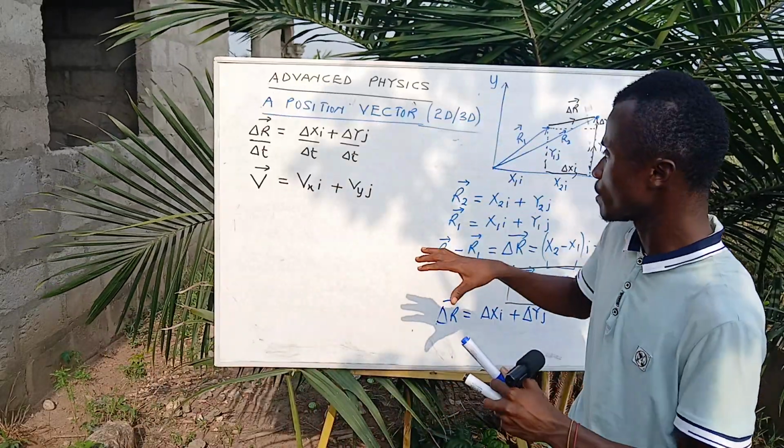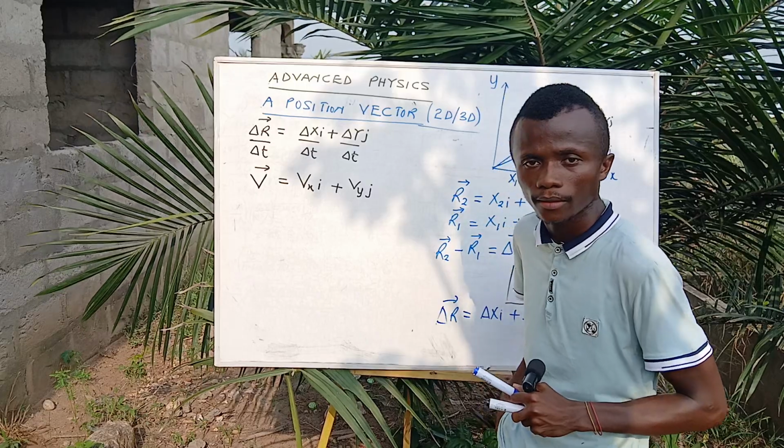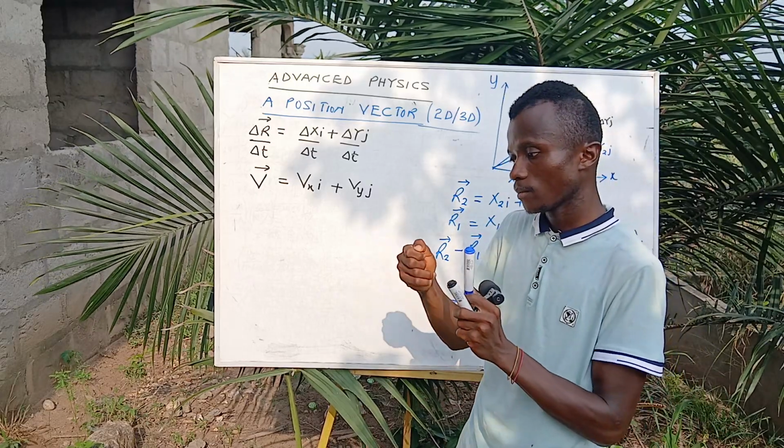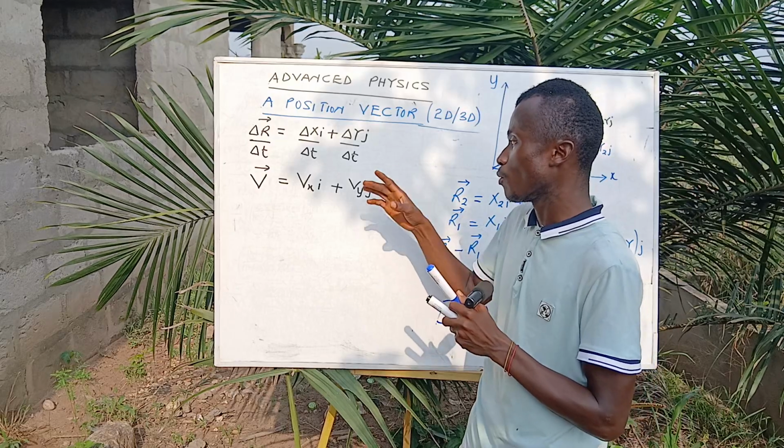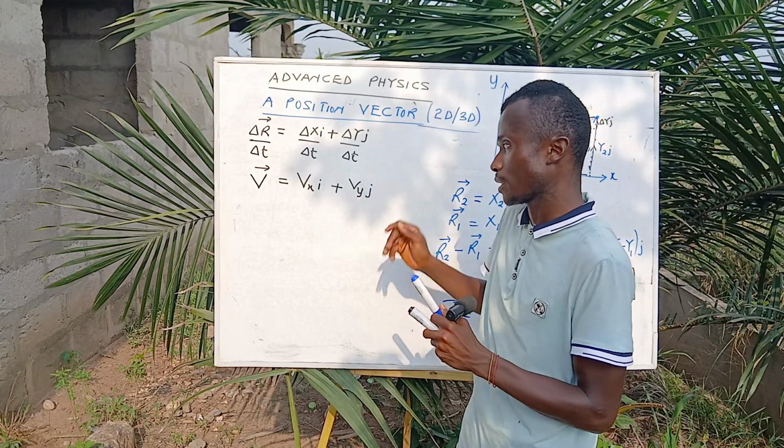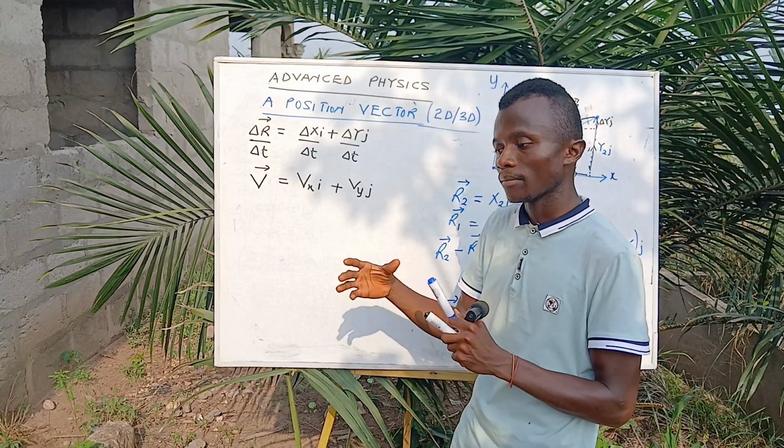So if an object moves in a 2D plane, the net velocity, which is a vector now, is the sum of the components in the x direction and in the y direction. So each of them can be treated differently.